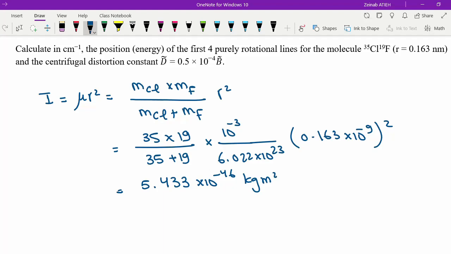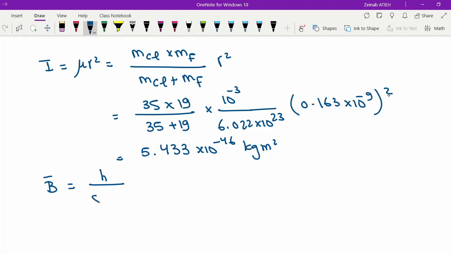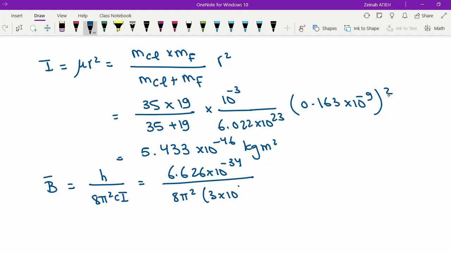Now let's calculate the rotational constant B bar. B bar is equal to h over 8 pi squared c I. It's equal to 6.626 times 10 to the power minus 34 divided by 8 pi squared, 3 times 10 to the power 8, and I is 5.433 times 10 to the power minus 46.